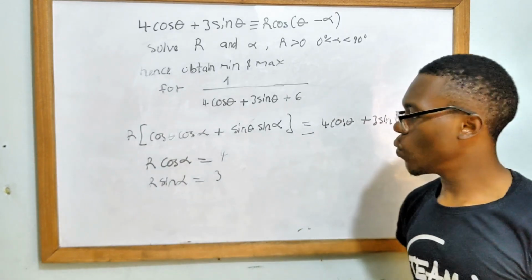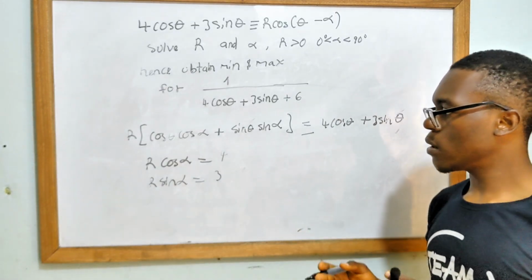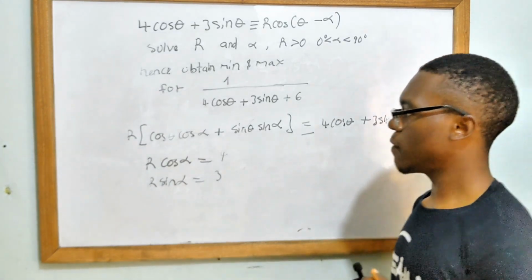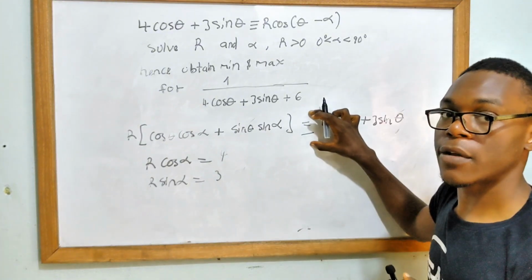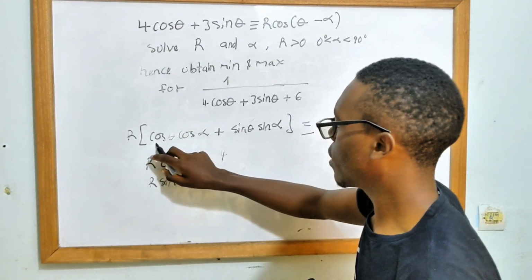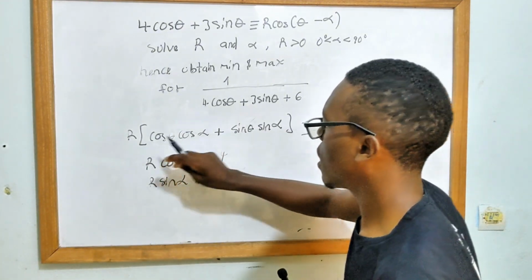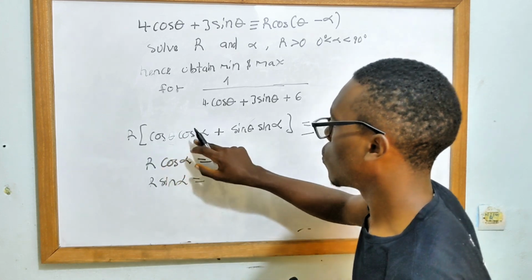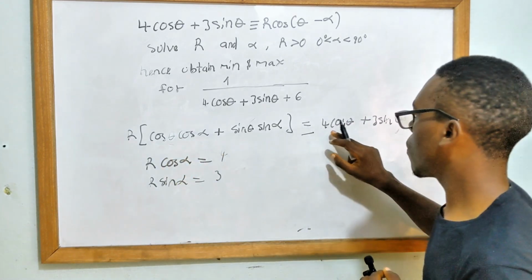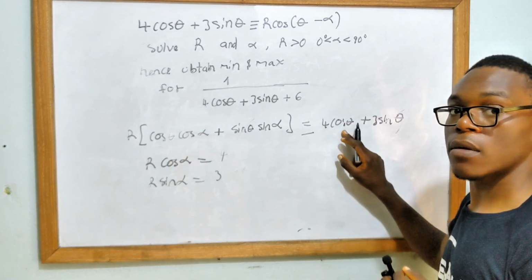And if you ask what we are actually doing: since we have an equivalent sign here, and we take the part in cos, it means that r cos alpha is equivalent to 4, because we have cos theta here.